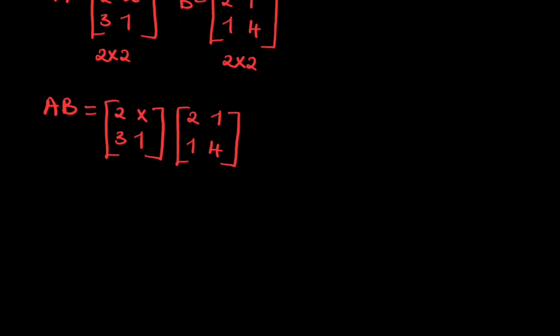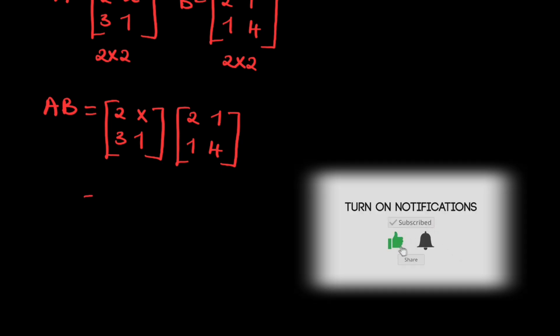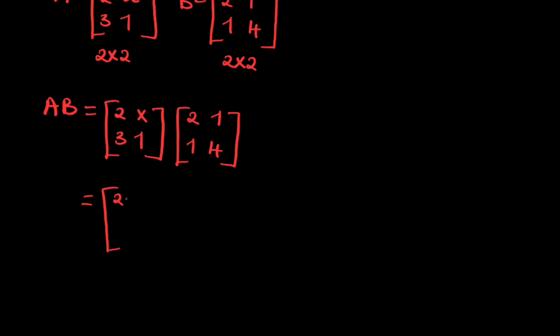For matrix multiplication, we multiply rows by columns. So for the first element we have 2 times 2 plus x times 1.